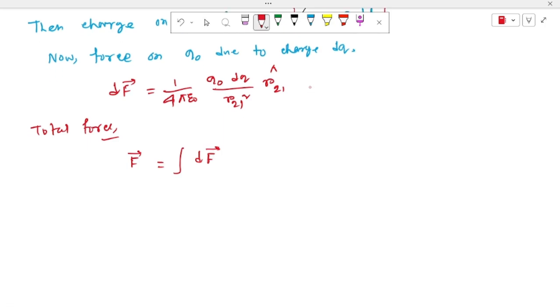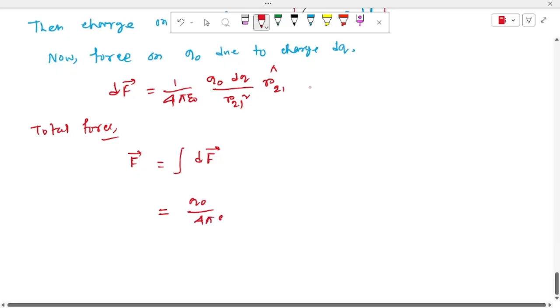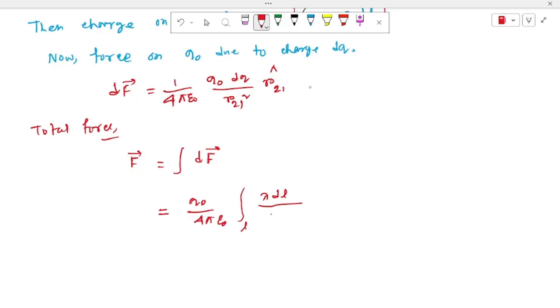That is q naught by 4 pi epsilon naught, line integration, lambda dl by r21 square r21 cap.